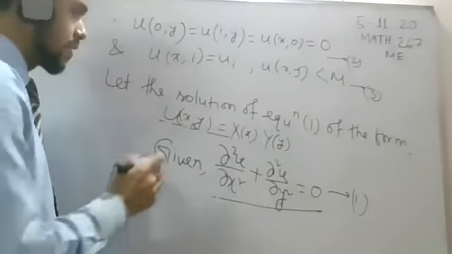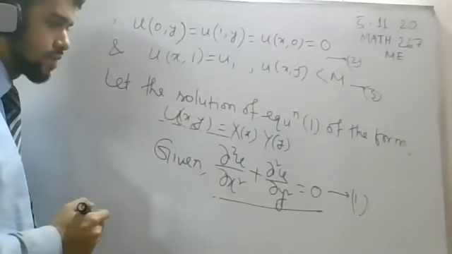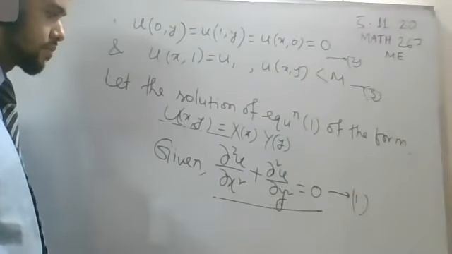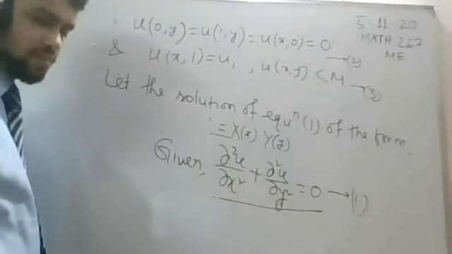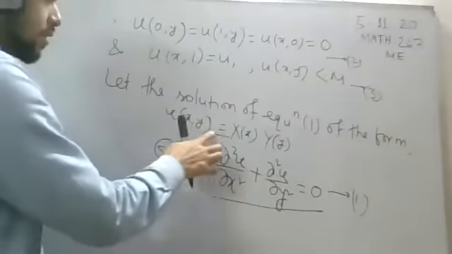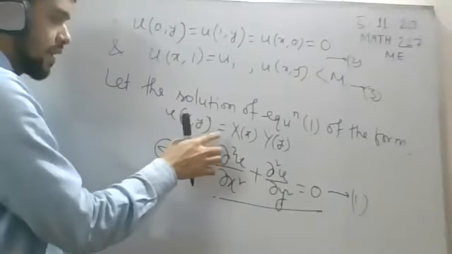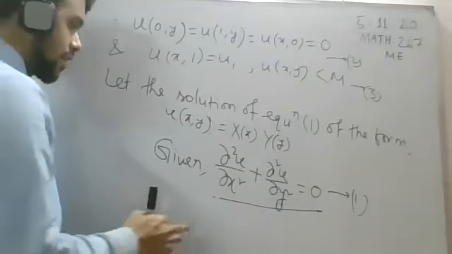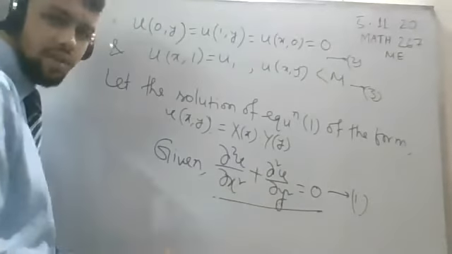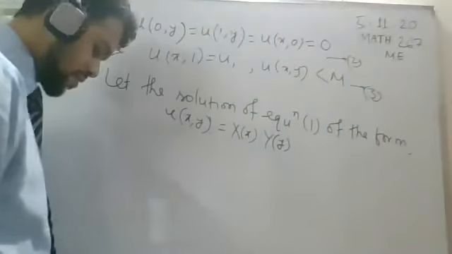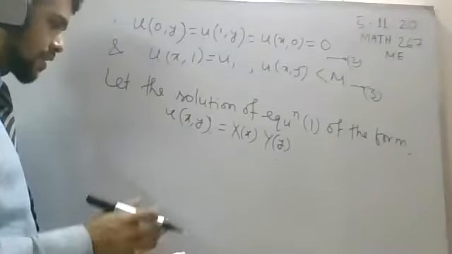Now, please someone tell me what we have to do in our next step. Taking partial differentiation. Okay. So that means here u(x, y) equals X into Y. So you have to differentiate it with respect to x and y two times. And obviously it turns into, because it is the variable separable format, that's why you have to use prime.